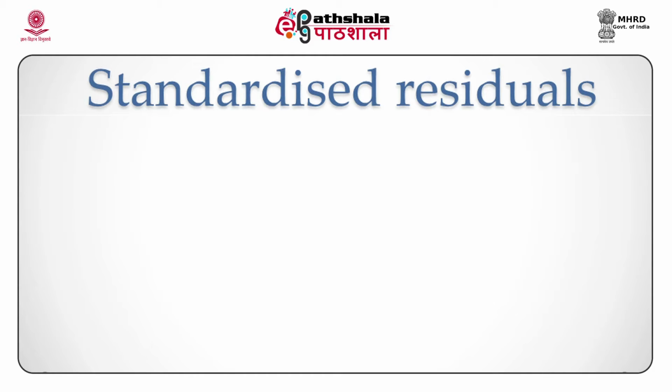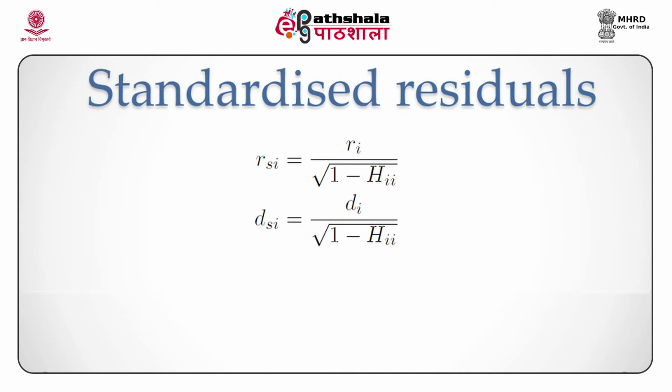So the standardized Pearsonian residual and the standardized deviance residual can be obtained as RSi equal to Ri divided by square root over 1 minus hii, and the standardized deviance residual is given by DSi equal to Di divided by square root over 1 minus hii. hii, of course, here is the ith diagonal element of the hat matrix which we saw on the previous slide.